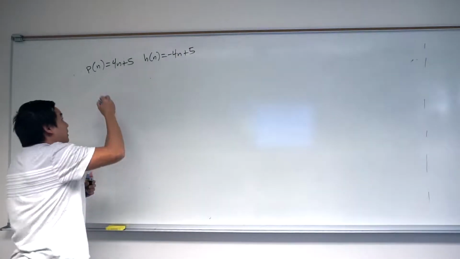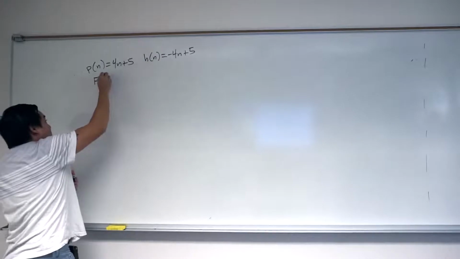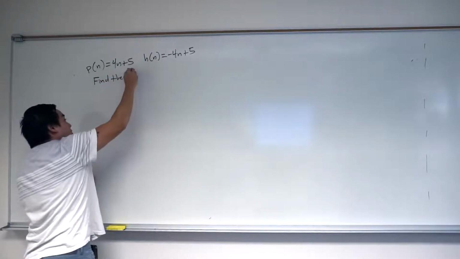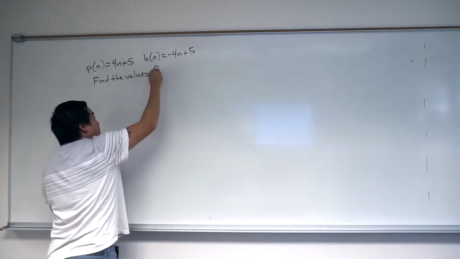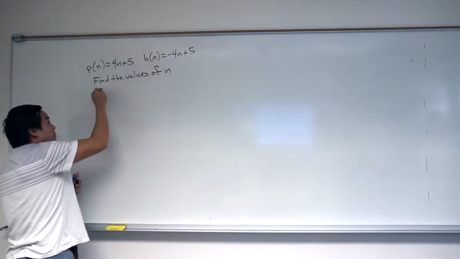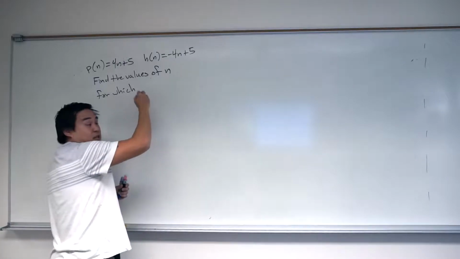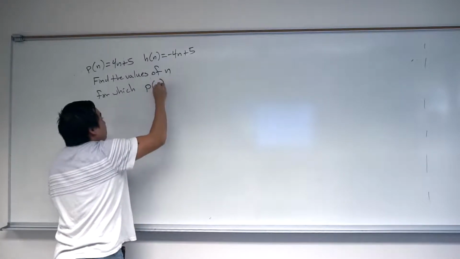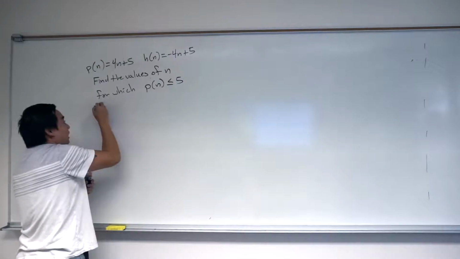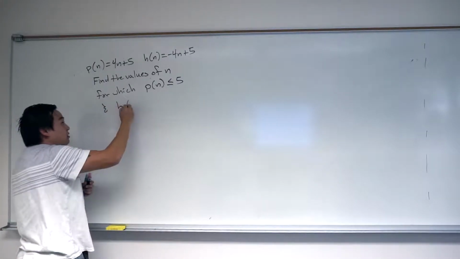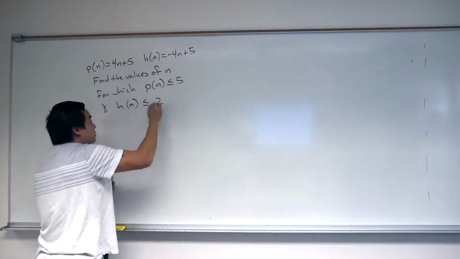And we want to find the values of n for which P of n is less than or equal to 5 and H of n is less than or equal to 2.